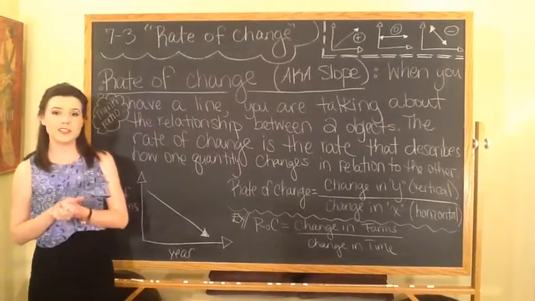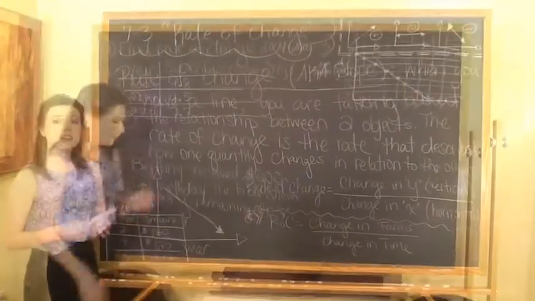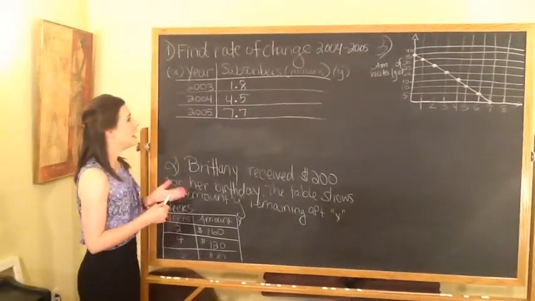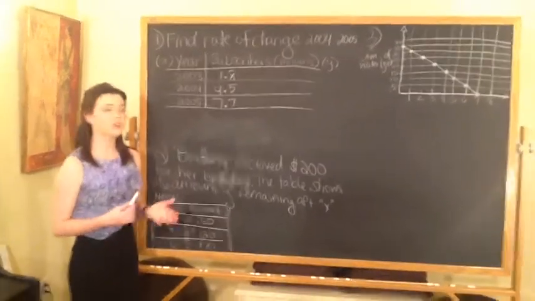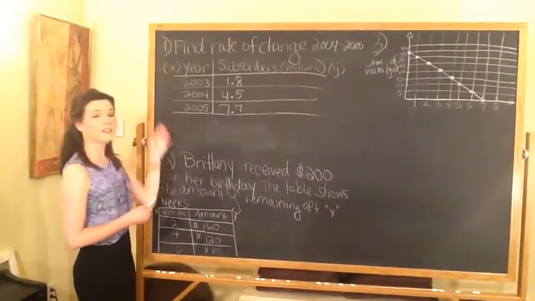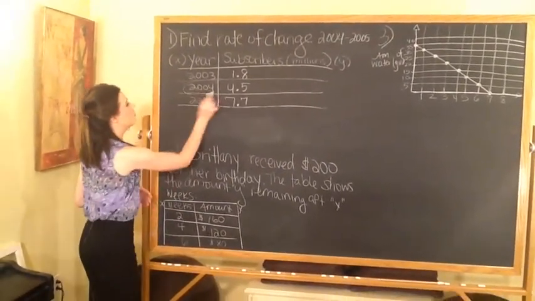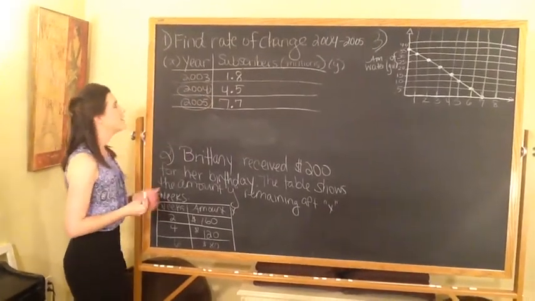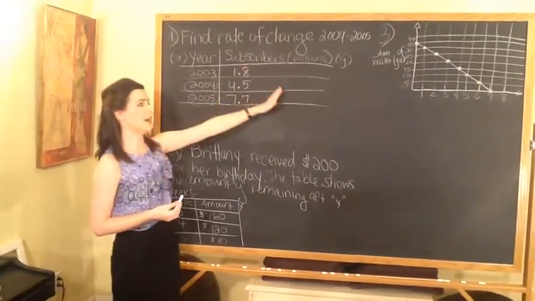Let's do some examples, and it might start falling into place. Example number 1: find the rate of change from 2004 to 2005. First, we look at our years. Here's 2004 and 2005. This is our x values, and this is our y values.